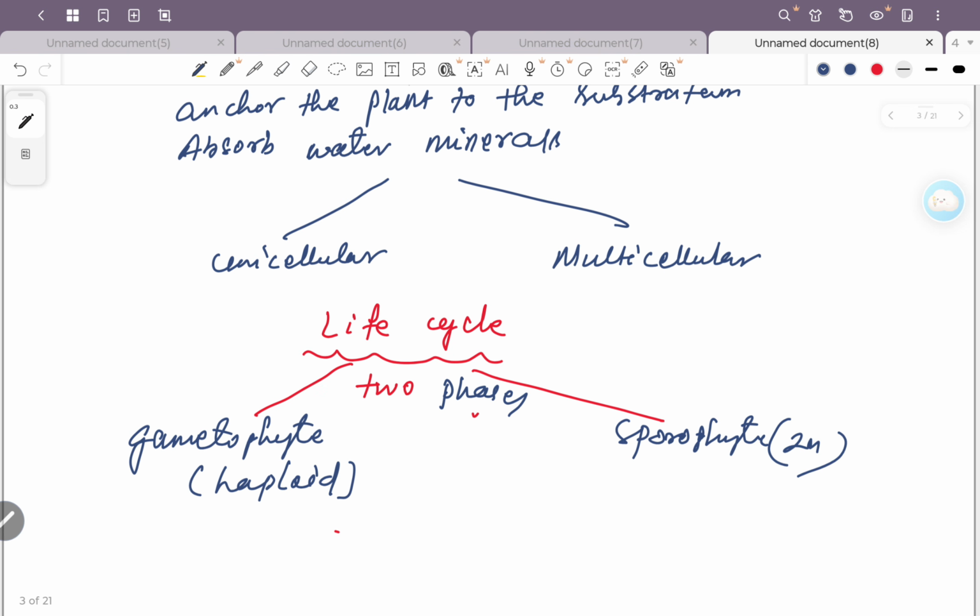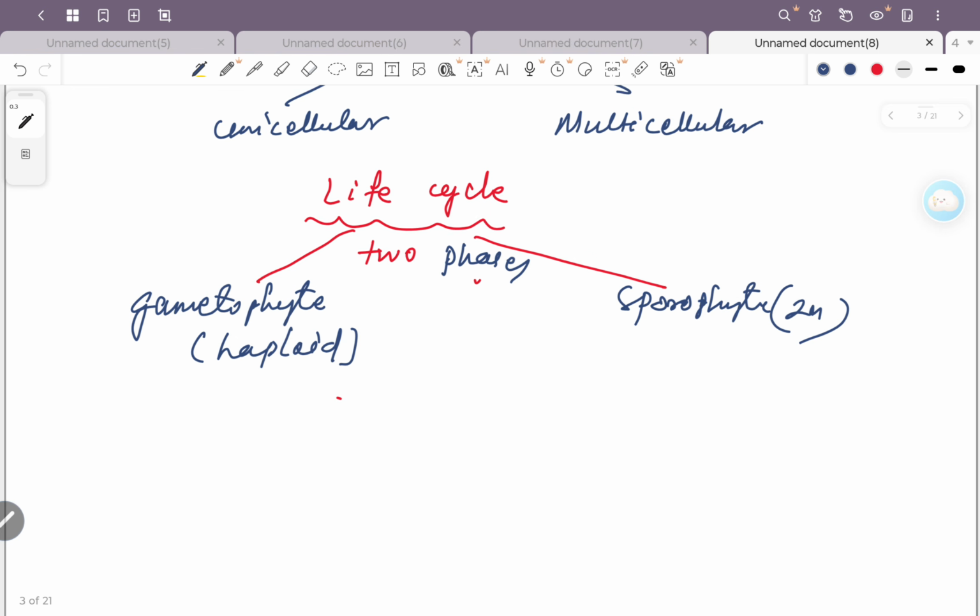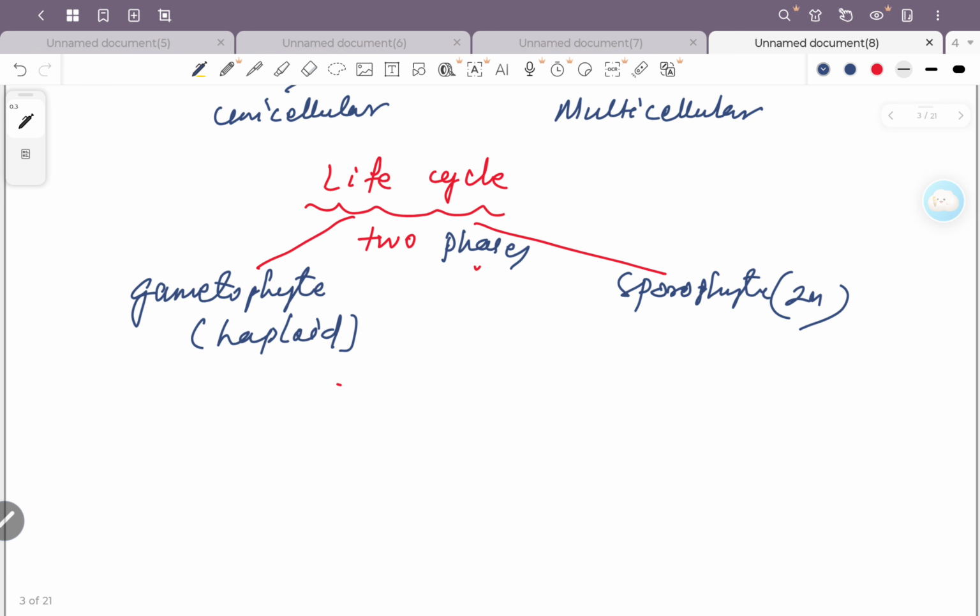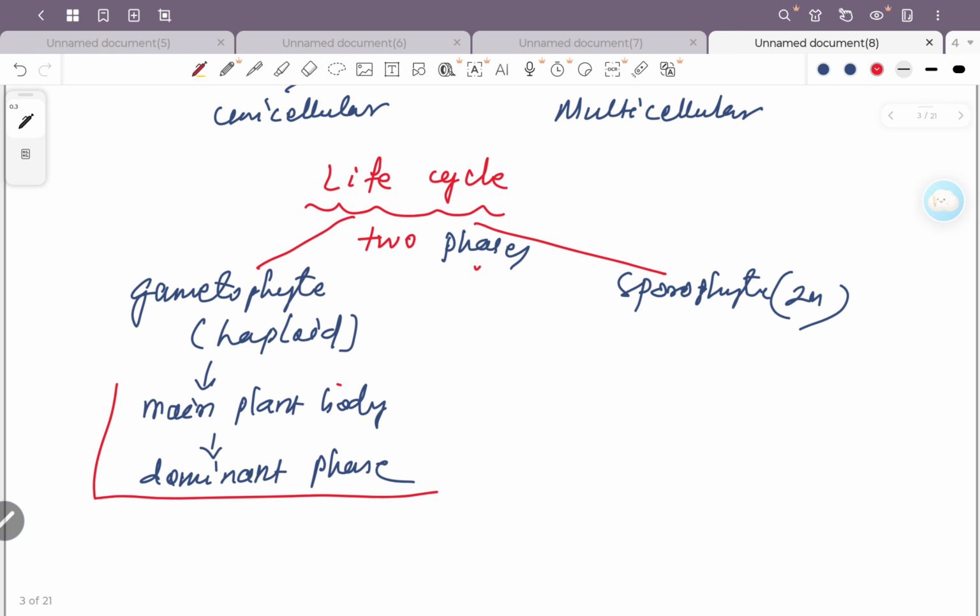Now this gametophyte is the dominant generation, the main plant body and dominant phase. Remember, this part is very important. Main plant body and dominant phase. Who takes most of the time in the life cycle? Your gametophyte does.